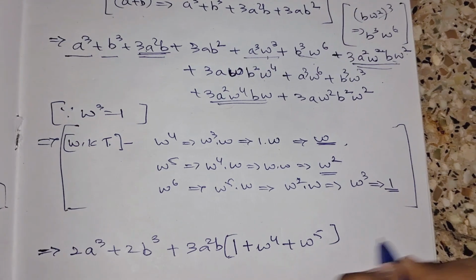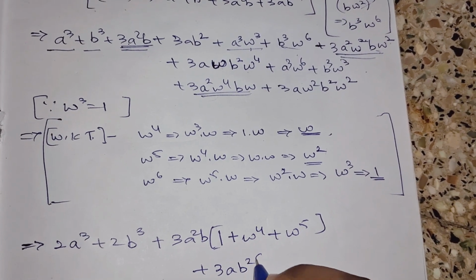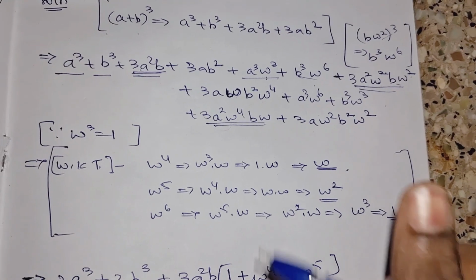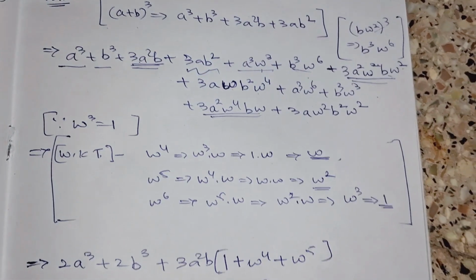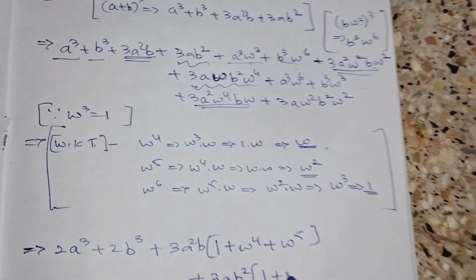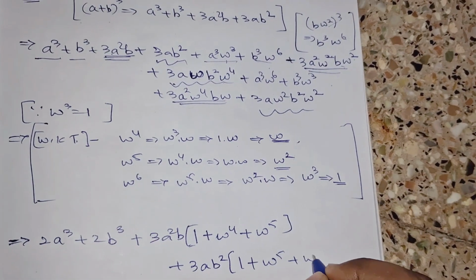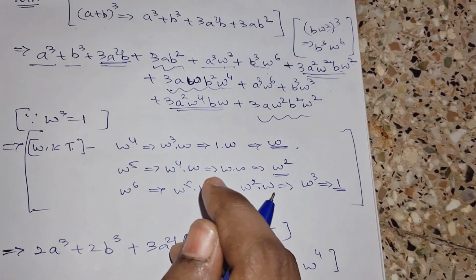It will be easier. Now what I am going to take common is 3ab square. If I take this common, what terms will I be left with? 1 plus omega 5 plus omega 4, again the same thing.